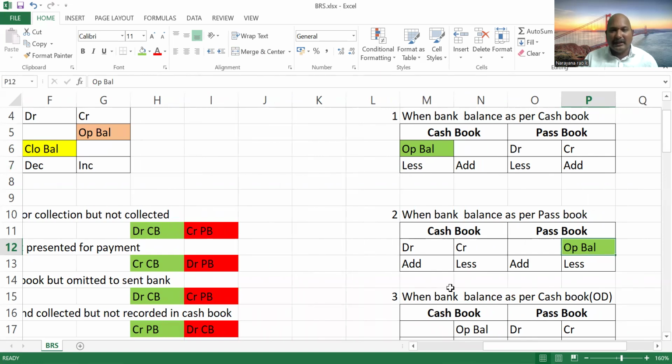And now it is in the cash book debit side, that is, an add is there. Here, add. When we follow the passbook balance, it must be added. When you follow the cash book balance, it must be less. Like that, all the points we take in green color into consideration, and where it appears, that symbol will be taken, either add or less, in the problem.